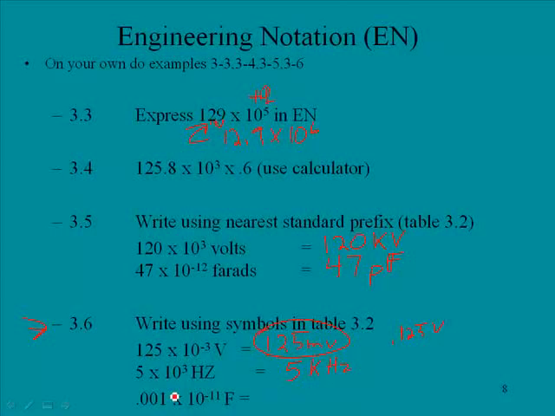Then we have one down here, 0.001 times 10 to the minus 11th. And remember, minus 11th is not in engineering notation, so we want to change that to minus 12.